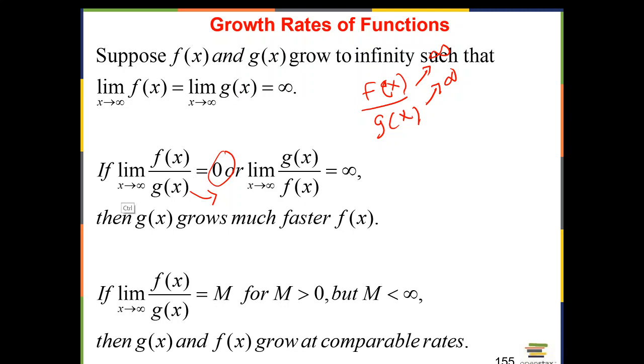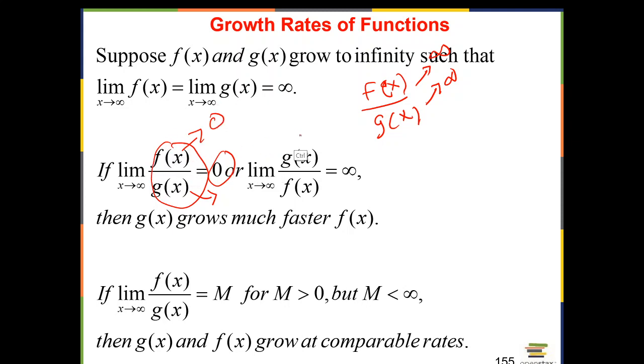When x approaches infinity, this fraction goes to 0 because g of x grows much faster than f of x, so fast that eventually this fraction goes to 0.